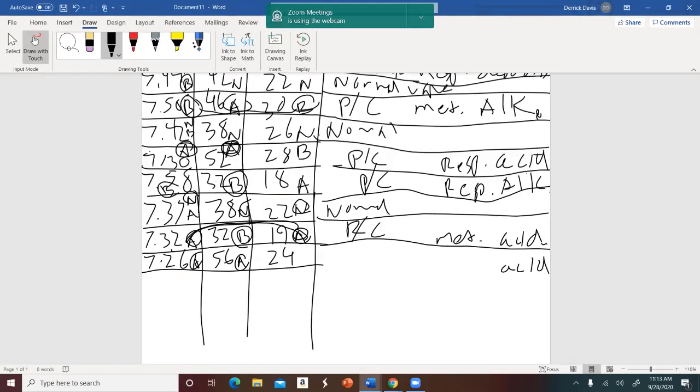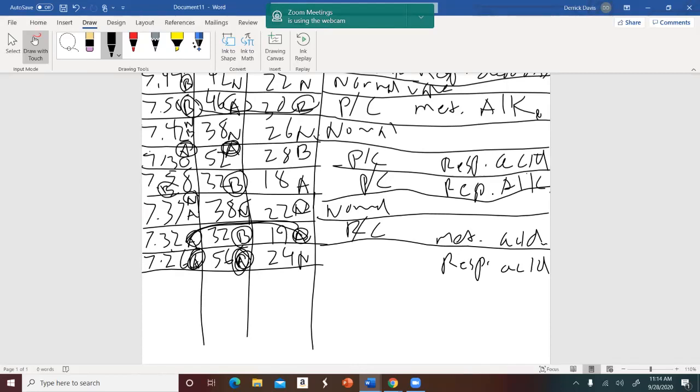And then a bicarb of 24, 22 to 26 is normal, so this is within normal limits. When we match up the pH and whatever goes with the pH, that would be the CO2. So this would be a respiratory acidosis. The pH is 7.26, and remember the bicarb is normal.